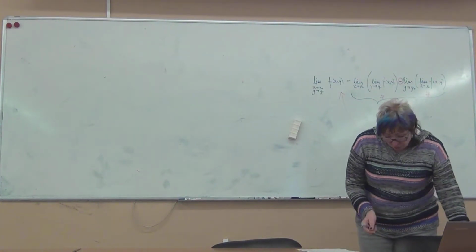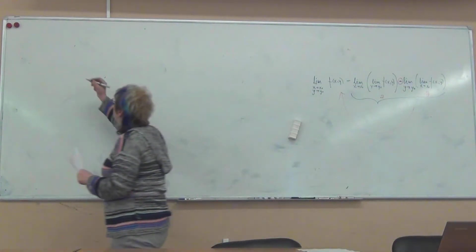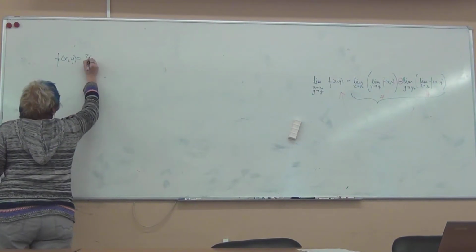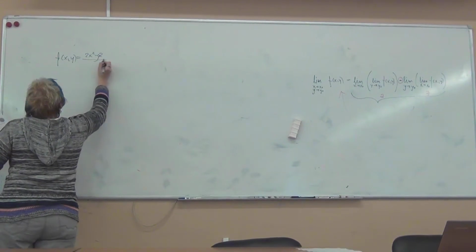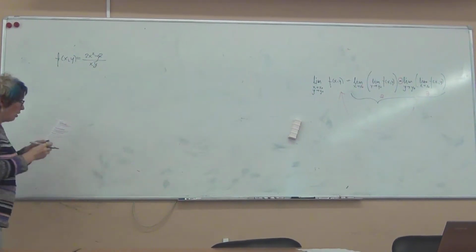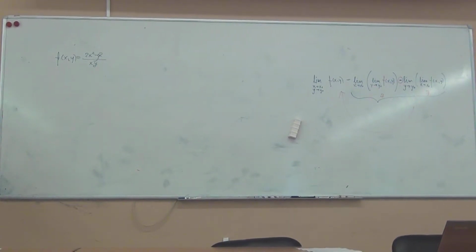Alright, now let's have a look at this example. Function of x and y equals 2x squared minus y squared divided by xy. So determine the domain. Obviously this function is defined for all x and y values except what?